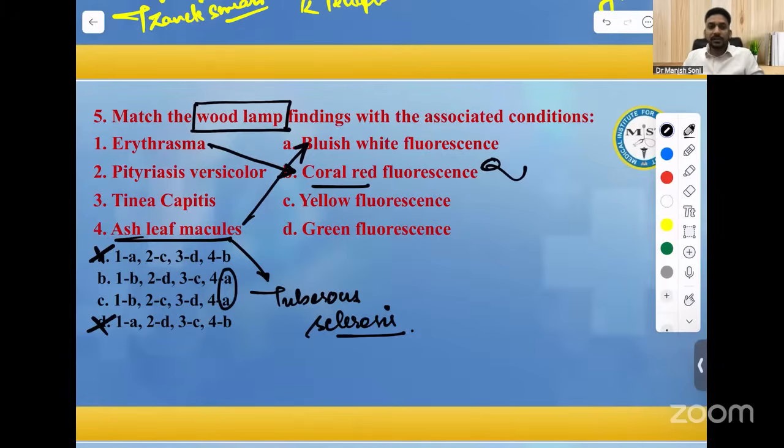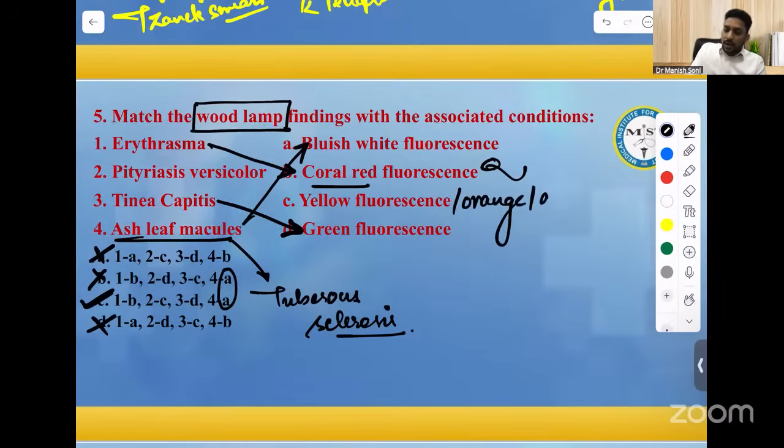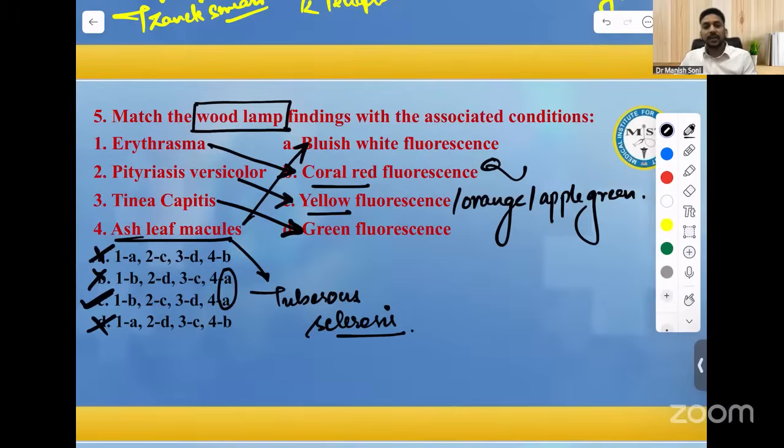Tinea capitis produces green fluorescence. So this is also not the answer. And pityriasis versicolor produces yellow, orange, or apple green fluorescence. In some books, it is written orange or apple green or yellow fluorescence. So second is C.